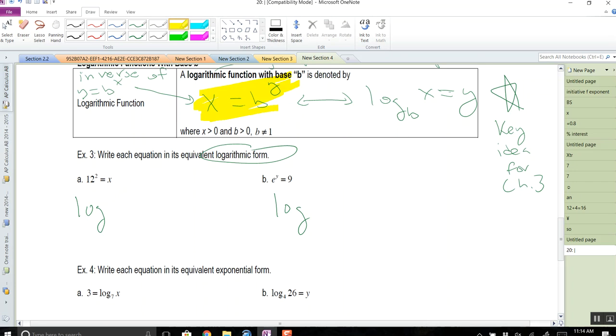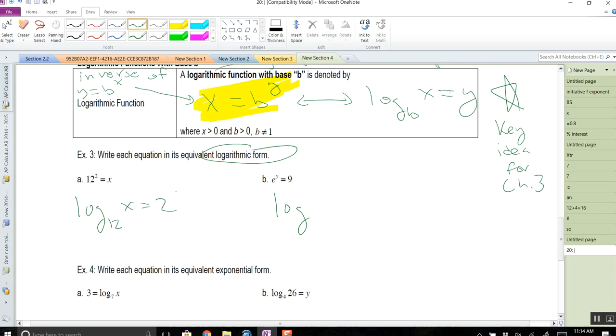We will do that. Give me a sec, I'll get to that, but you are correct. But notice if we take the exponential equation, we have to identify what b is, right? What is b in part A? 12. So you're going to have to put it as a subscript. Log base 12. And you're going to put x here, and guess what?